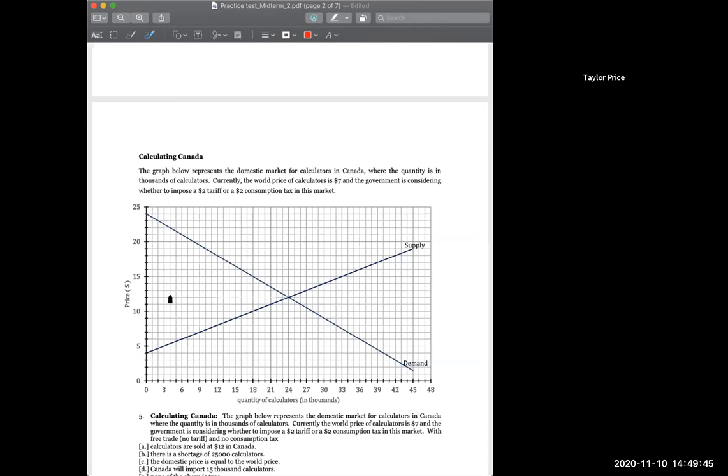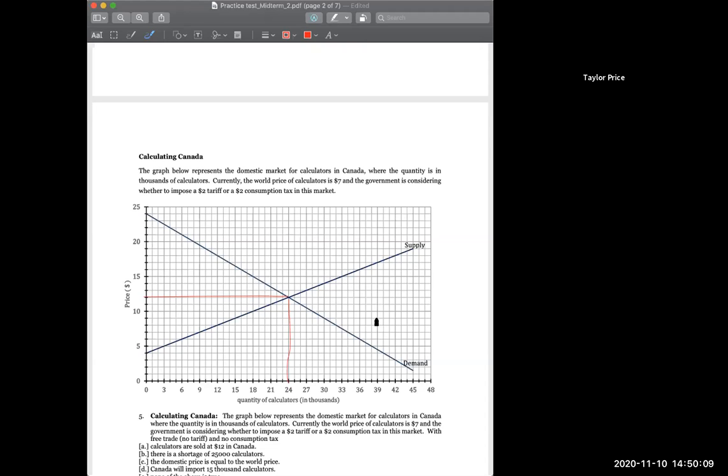You have the initial equilibrium right here. Let me see if I can get a different color. So you have the initial equilibrium point right here, and then the initial equilibrium quantity is right here.